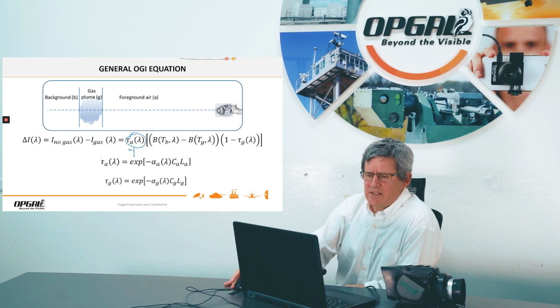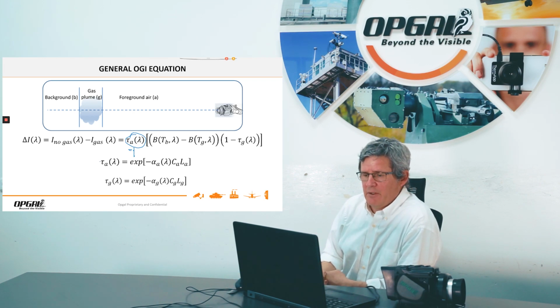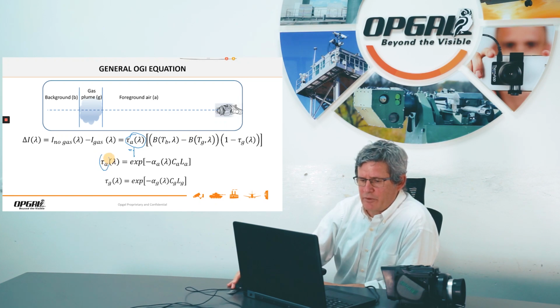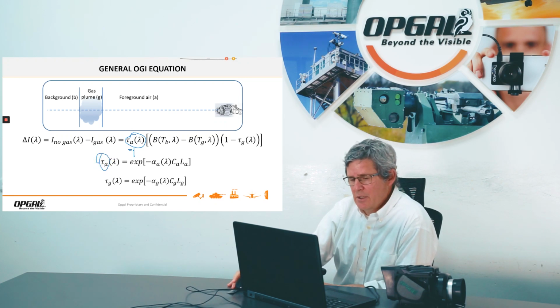Okay, and this depends on the atmospheric transmission. It could be water vapor, it could be the gas itself, like methane, CO2. It could be particulate matter that contributes to this transmission tau of the foreground air.